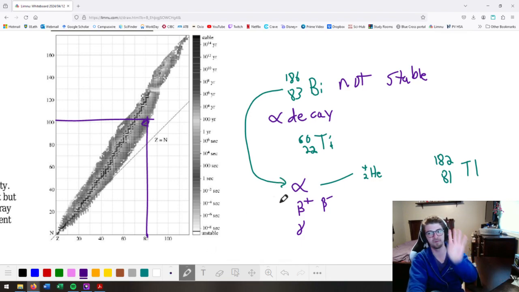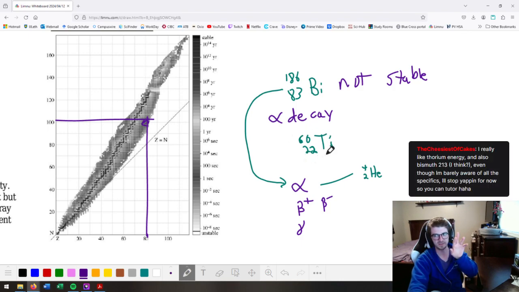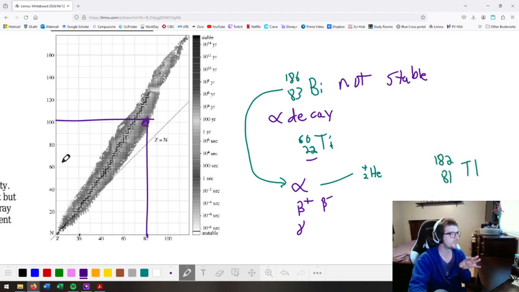I want to very quickly finish up what I'm talking about here, and just show where this titanium 60 falls on this graph. So we've got a total mass of 60. We've got 22 protons in the titanium nucleus, so we're talking about right here, and we're talking about 38 neutrons, which is here.